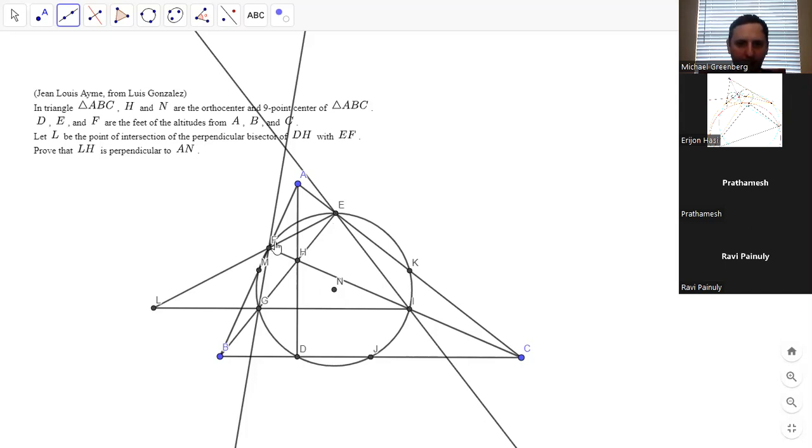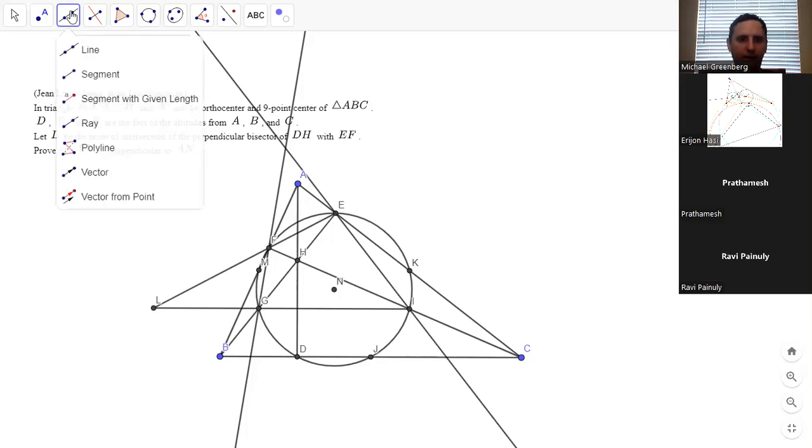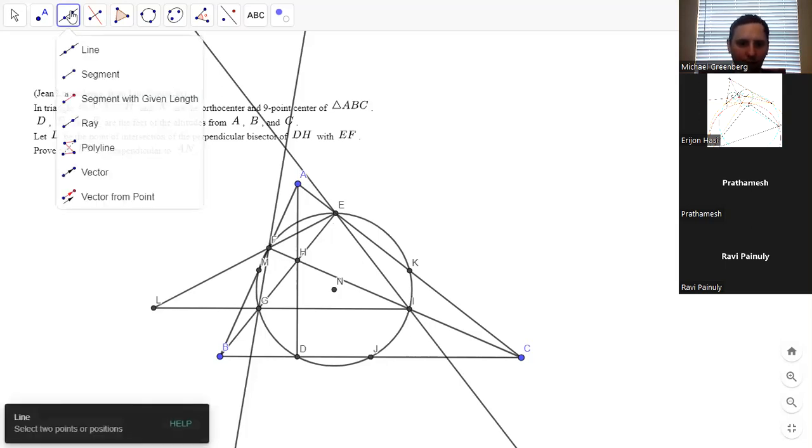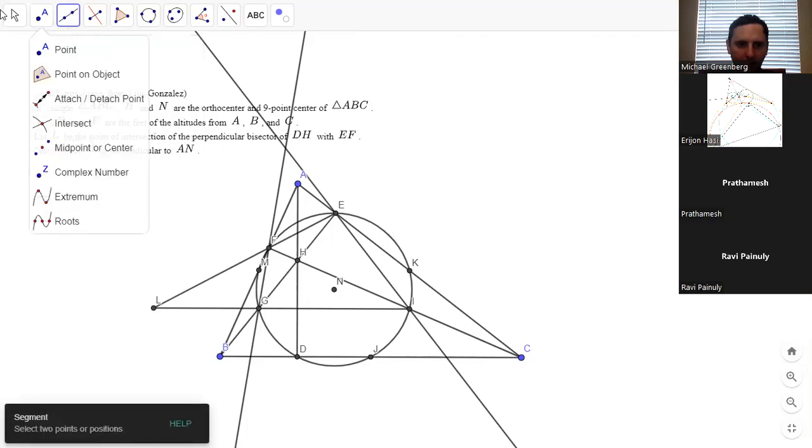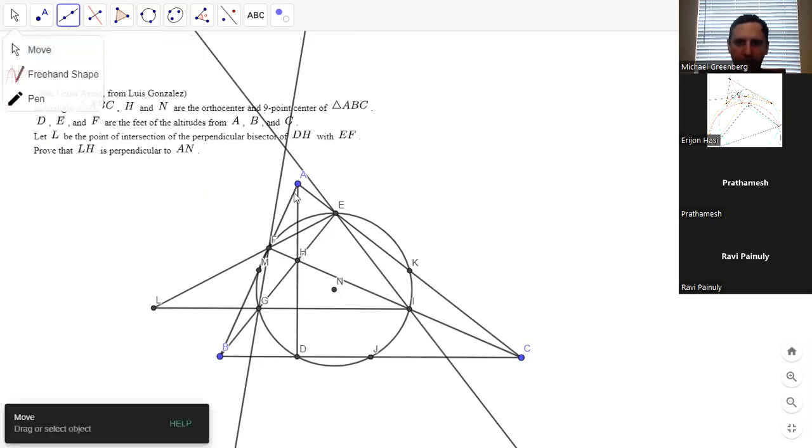But what if we look at MFEK? Oh, but then it would be where FK, yeah, this is a little tricky. Let's see. I wonder, yeah, let me get rid of those two.